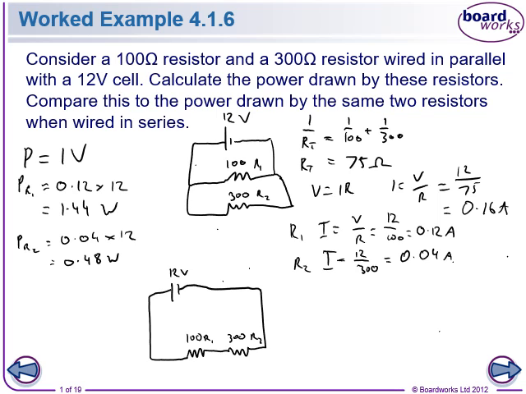So remember, in series, to find the total equivalent resistance, we just add them together. So our total resistance is 400 ohms. The current in our circuit is going to be V on R, so 12 on 400, which should be 0.03. So 0.03 amps.